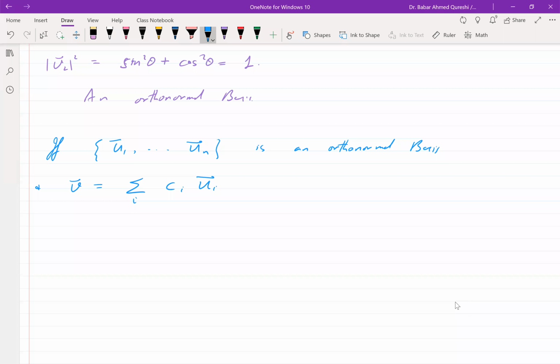Then you can find these coefficients, which will make up any arbitrary vector, very easily. These ci's are just the scalar product of the vector whose expansion you are trying to find with each of these ui.